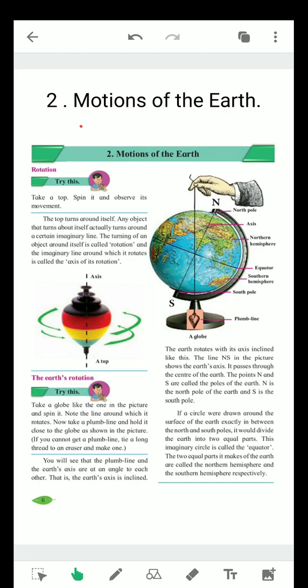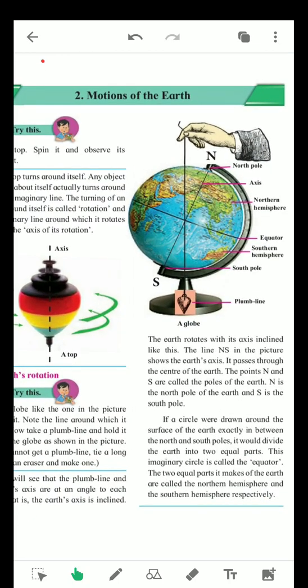The point N is called the north pole and the S is called the south pole. If a circle is drawn around the surface of the earth exactly in between the north and south pole, it would divide the earth into two equal parts. This is the equator, which divides the earth into two parts.